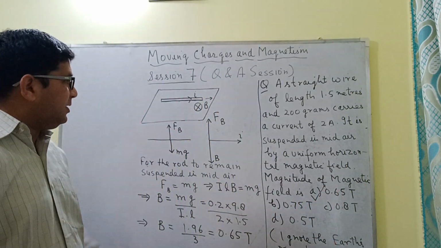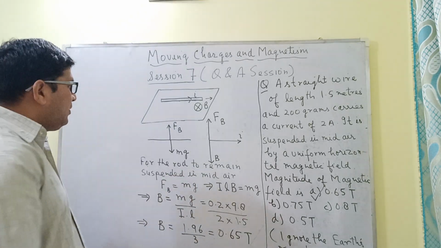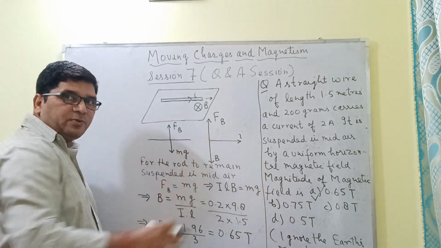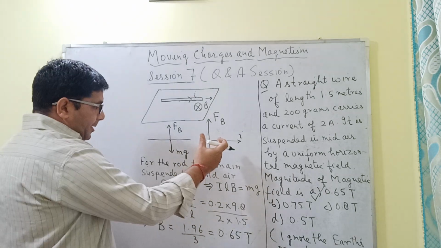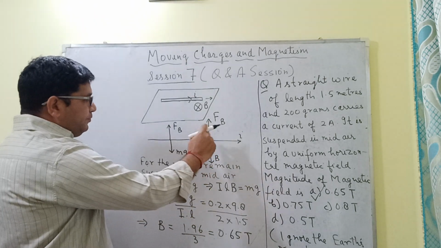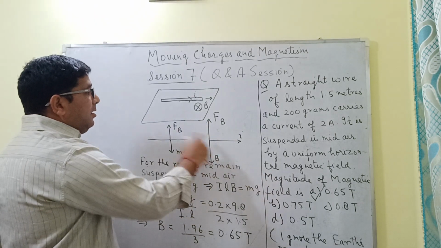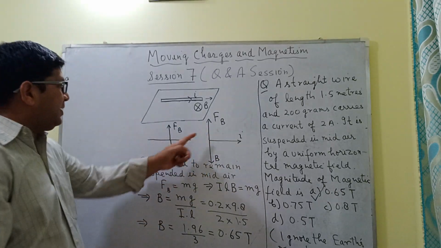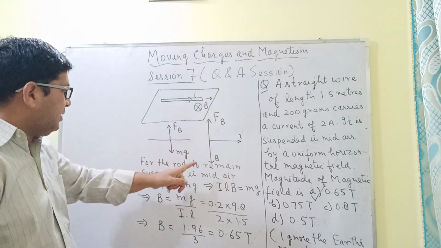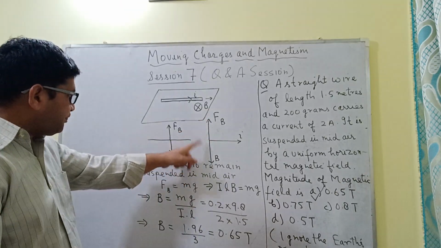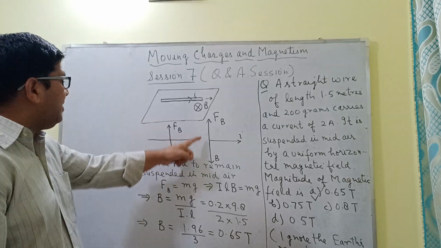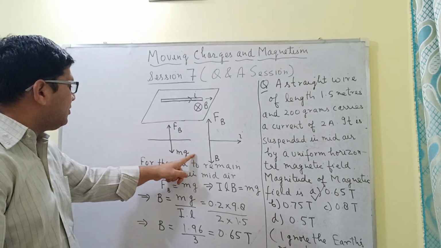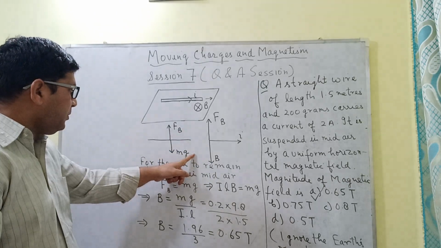In this question, the most important thing is that we have to first of all find the magnetic force direction, and since the magnetic force is acting in the upward direction, this rod will remain suspended in the midair only when this magnetic force is equal to the weight of the rod.